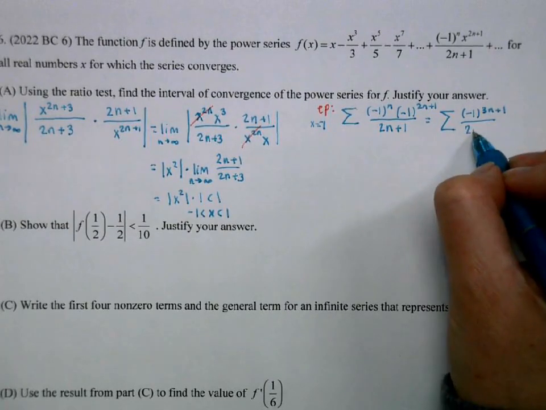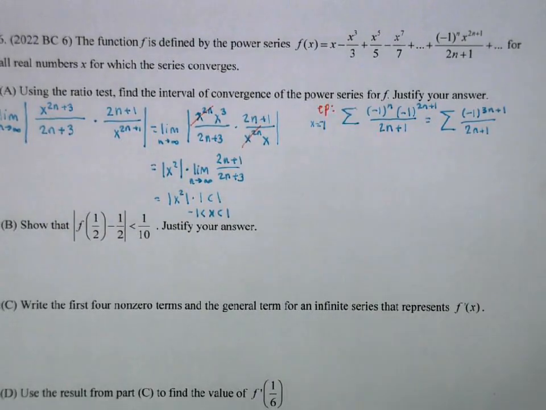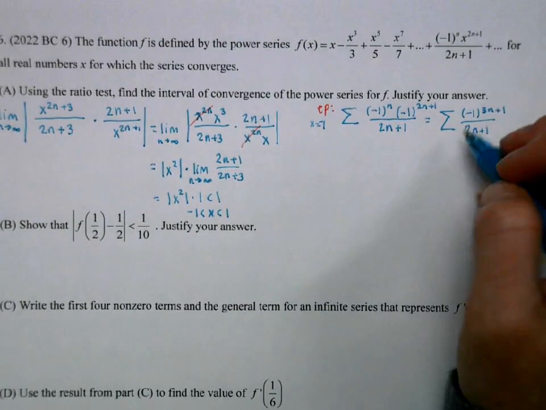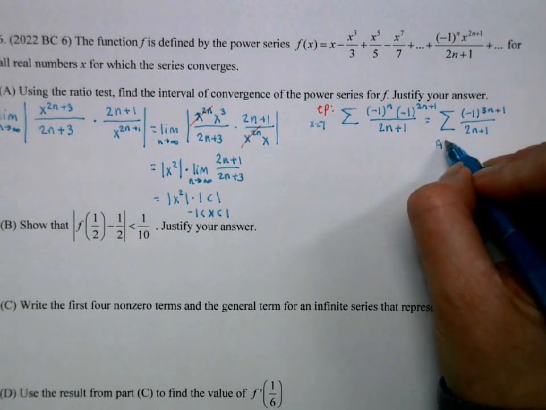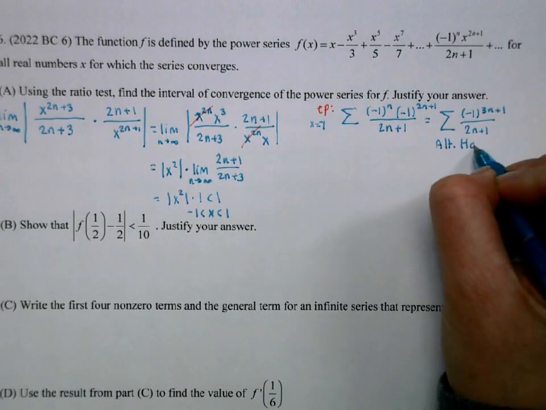Okay, which we could use a limit comparison test. Well, this is an alternating series. So alternating and it's harmonic. Okay, so that one's going to converge.